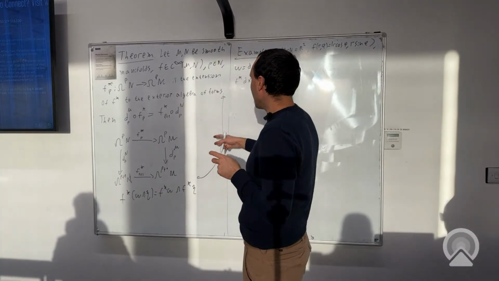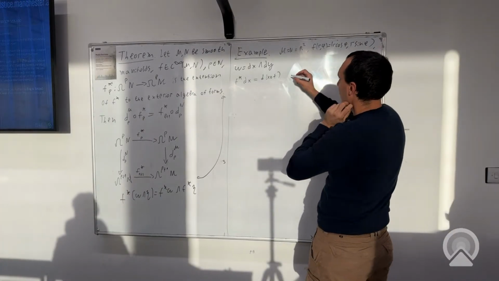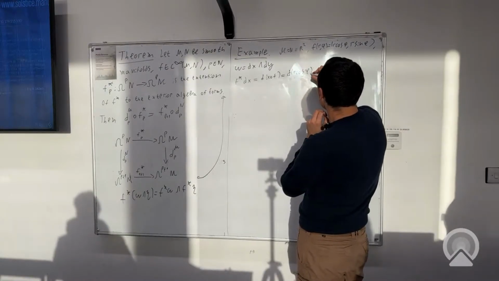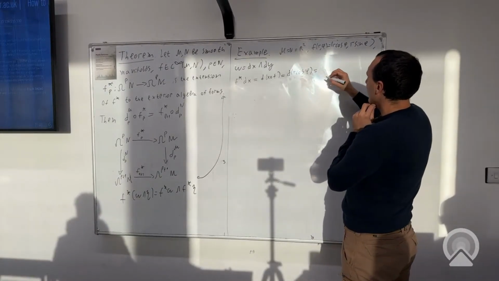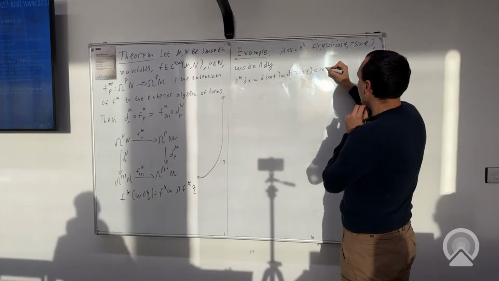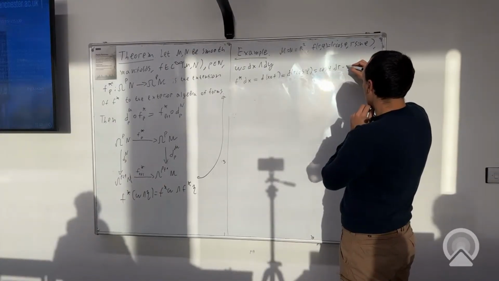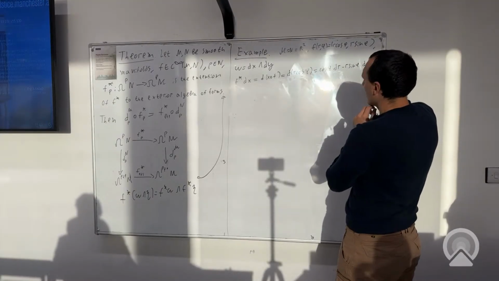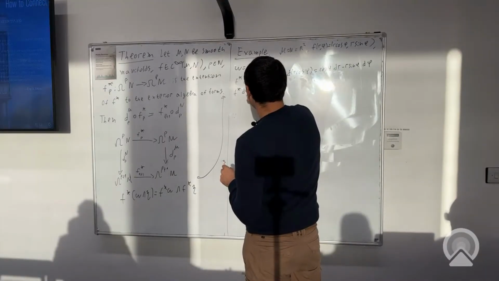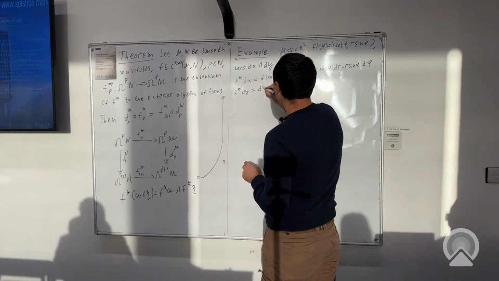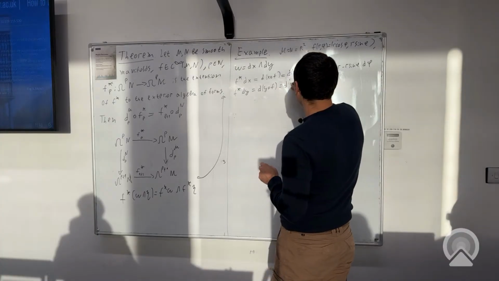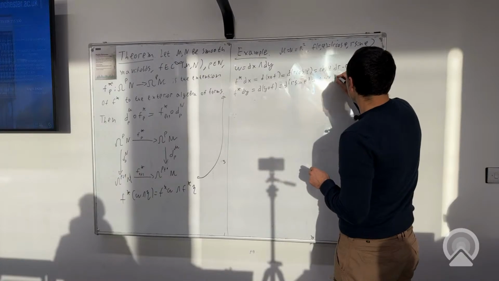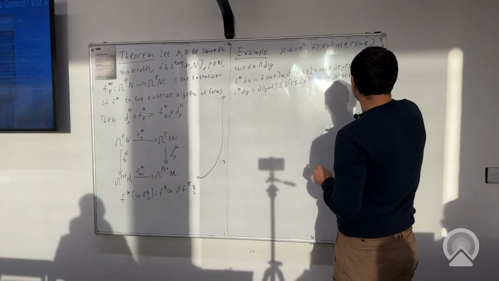I don't use the theorem here, but it's an example of a two form. This is d of r cosine phi, which is cosine phi dr minus r sine phi d phi, and f star dy is the y composed with f, which is r sine phi, which is sine phi dr plus r cosine phi d phi.